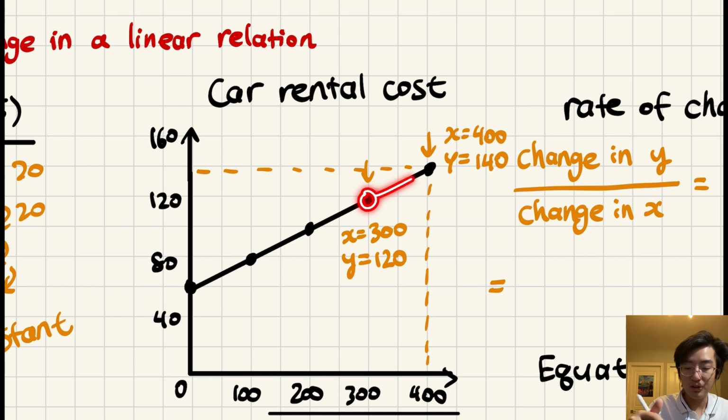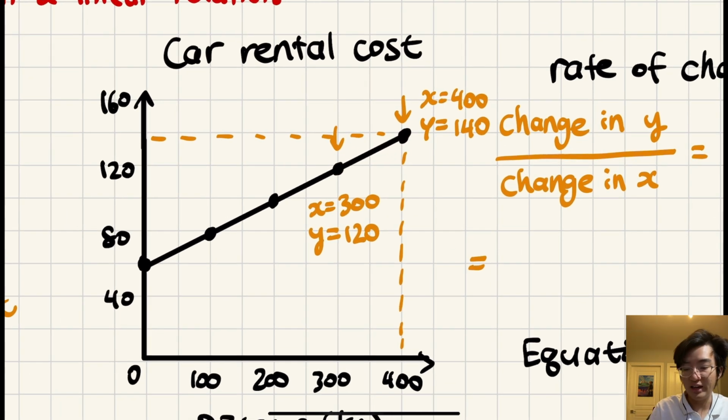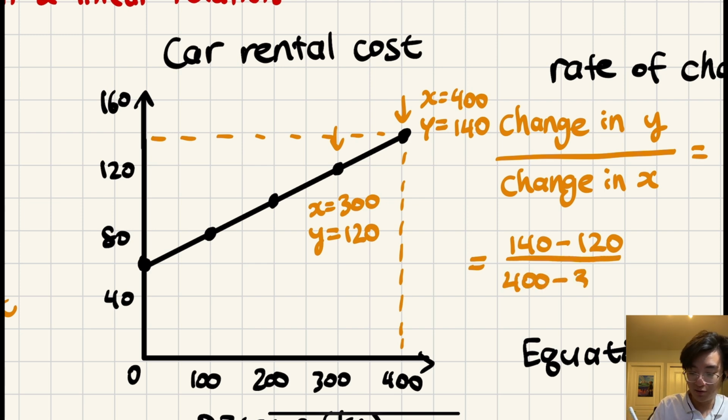To go from this point to this point, the change in y is 140 minus 120, because we're just subtracting this y by this y. Similarly, the change in x is 400 minus 300.